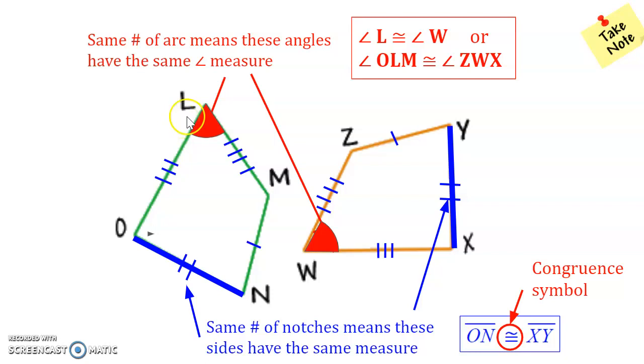And to communicate that this angle L and angle W have the same measure, meaning they are congruent, we would again use the angle symbol, that little symbol here. That means angle L is congruent to angle W. It looks like a less than symbol, but it is more flat.